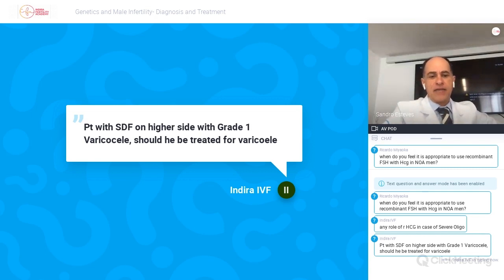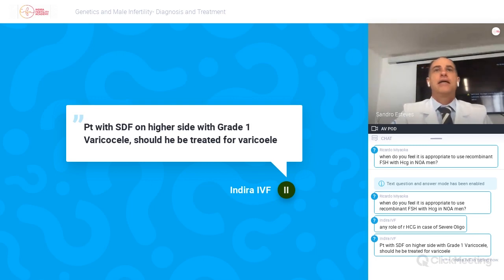So it means that, let's say, the patient has a DNA fragmentation of 40 or 35, you might decrease sperm DNA fragmentation up to 8 percentage points. So a patient with 40 could become a patient of 32, which is still in the abnormal level, but closer now to, let's say, the more acceptable results.